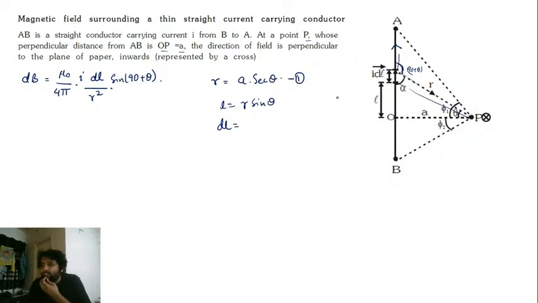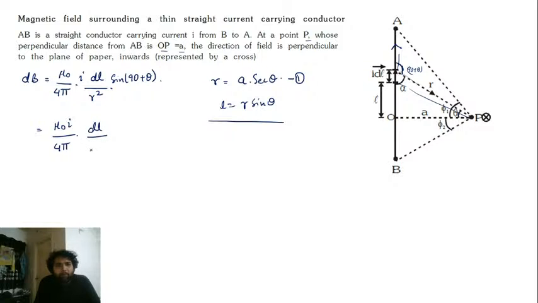So we can leave dl like this only. Since we know the angle is theta here, sin 90 plus theta, we can leave them like this. L is r sin theta. So what will happen here is mu naught I by 4 pi into dl by a secant square theta into cos theta.